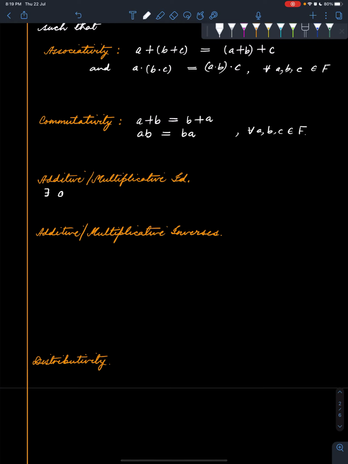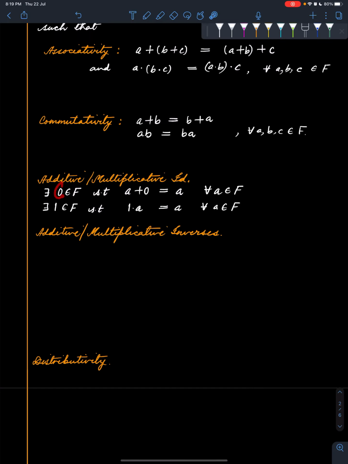There exists 0 in F such that a plus 0 is a for all a in F, and there exists 1 in F such that 1 dot a equals a for all a in F.